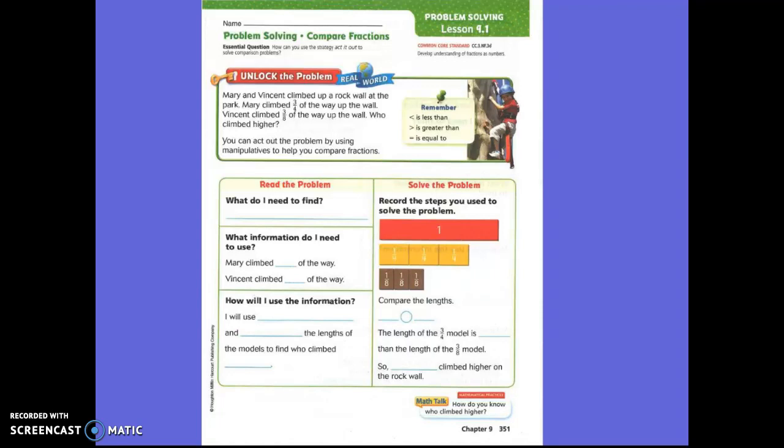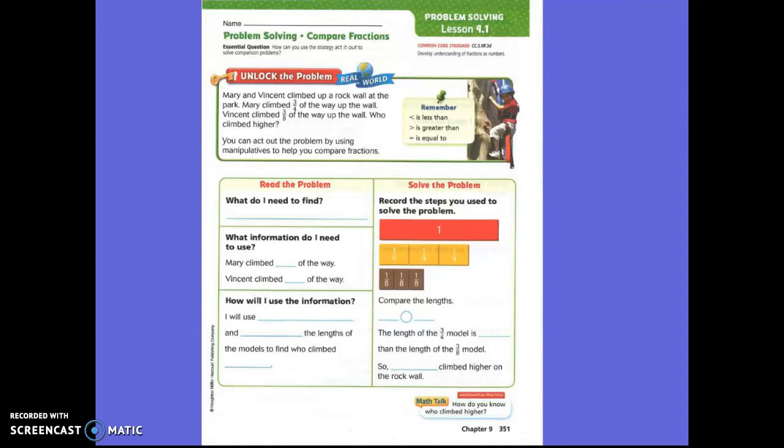Mary and Vincent climbed up a rock wall at the park. Mary climbed 3/4 of the wall. Vincent climbed 3/8 of the wall.